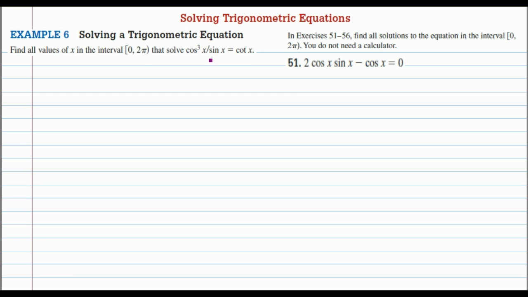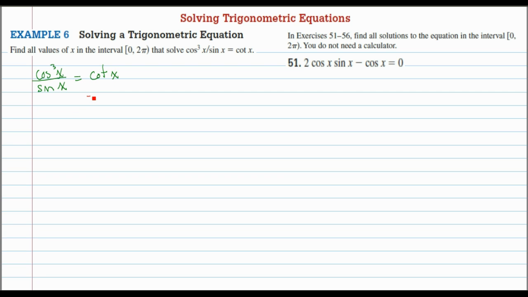Example 6 starts out with the cosine cubed of x over sine of x equals cotangent of x. Alright, so instead of just dividing both sides by cotangent of x, that's messy, I'm not going to do that.